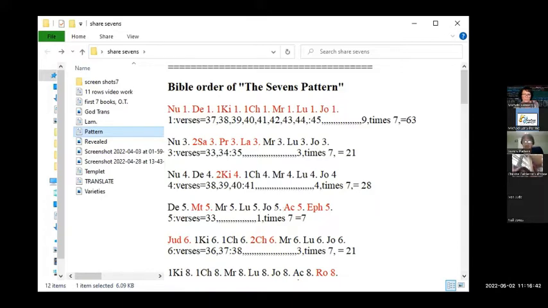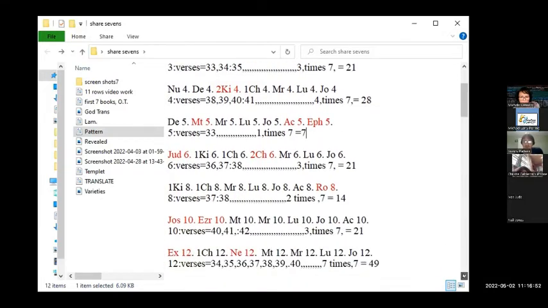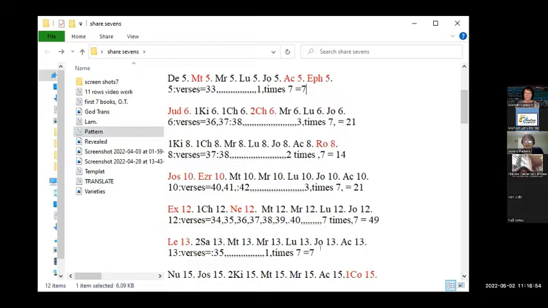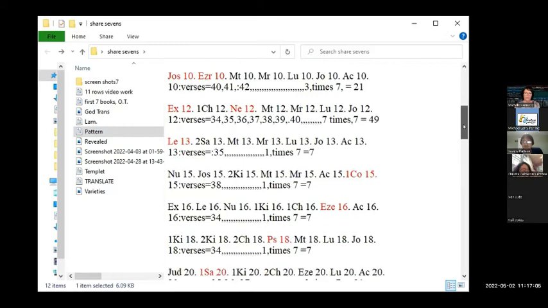Here is one of the rows where it has one verse, and if you go through and count which ones have one verse, you'll find there's 11 of them. You keep adding them all up, and there's 1008 verses within the pattern. 1008.